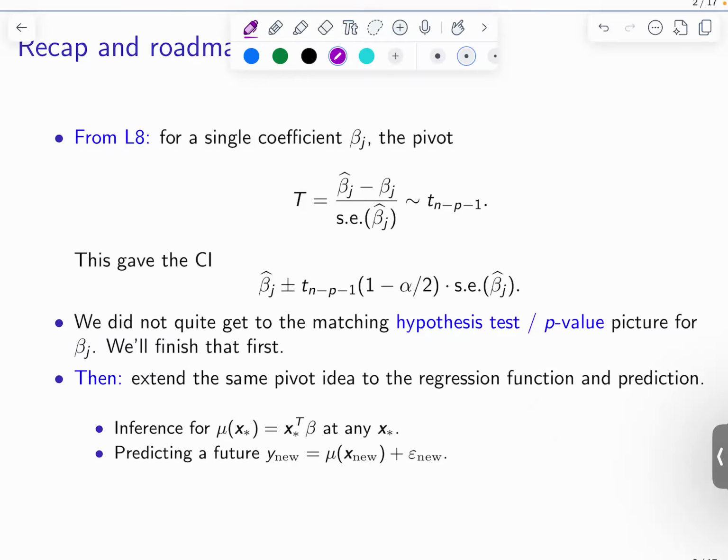So this stuff was developed like 100 years ago. The thing that I wanted to talk about was developed in the past 5 to 10 or 15 years. It's been a very exciting area in statistics.